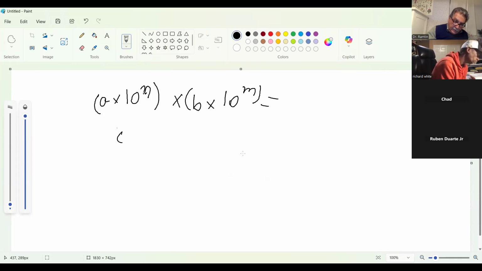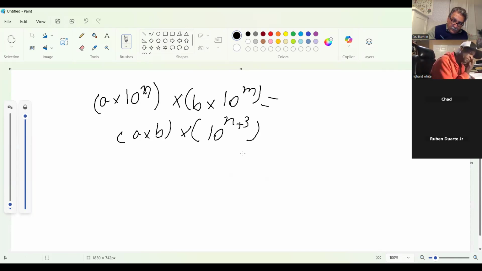It's the same as A times B times 10 to the power of n plus m, because the base is the same.